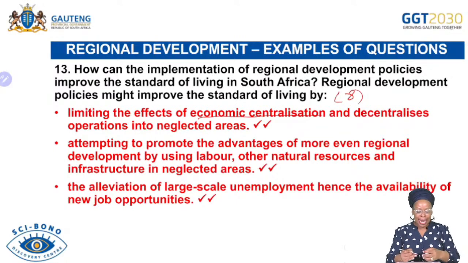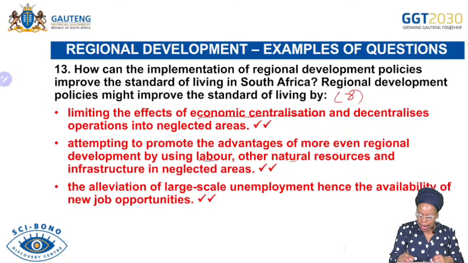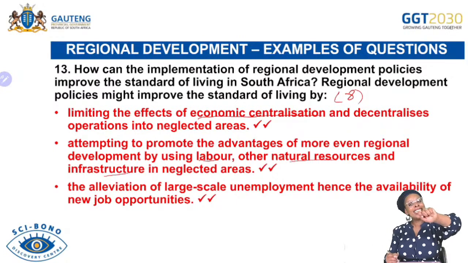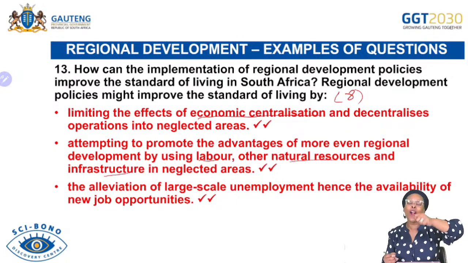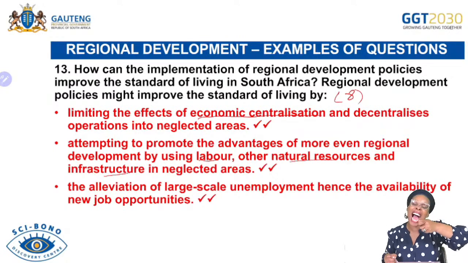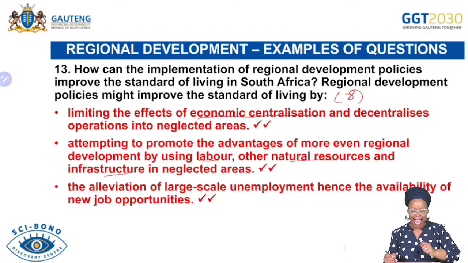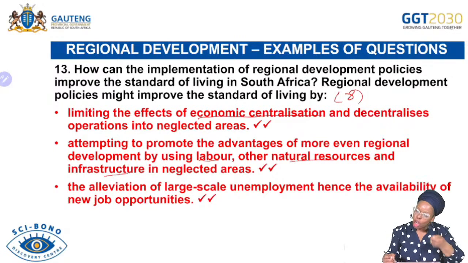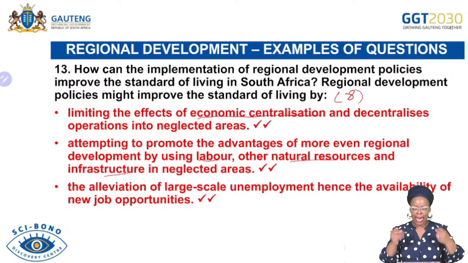It also attempts to promote the advantages of more even regional development by using labor, natural resources and infrastructure in neglected areas. So it unlocks, this is the word that I want, it unlocks the potential of a poorer area. It unlocks labor, natural resources, and infrastructure in those neglected areas so that they can be developed.